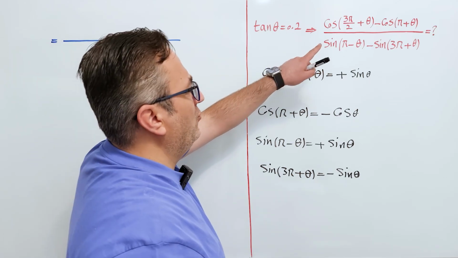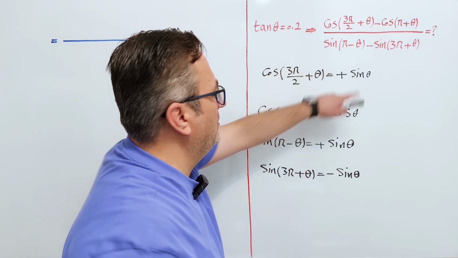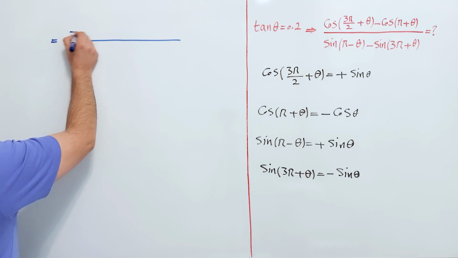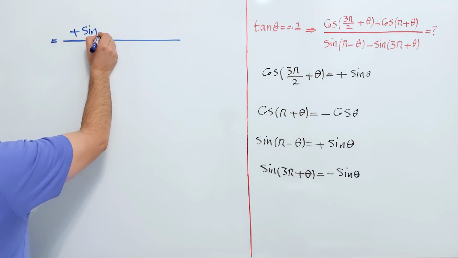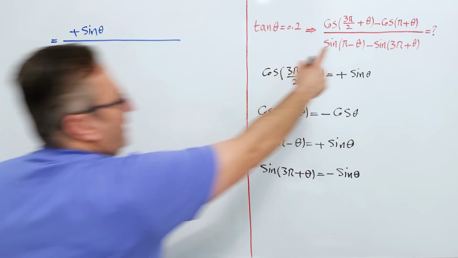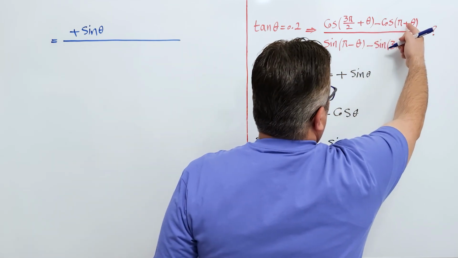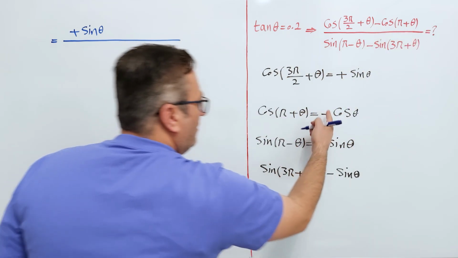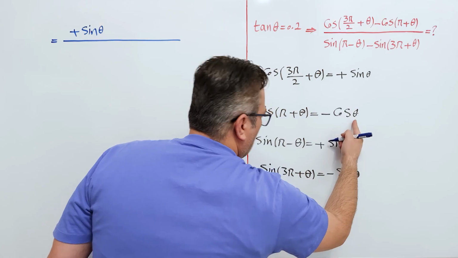cosine of 3 pi over 2 plus theta is equal to plus sine of theta, minus cosine of pi plus theta is equal to minus cosine of theta.